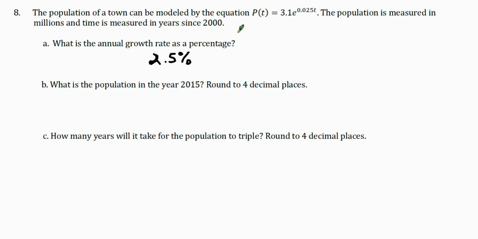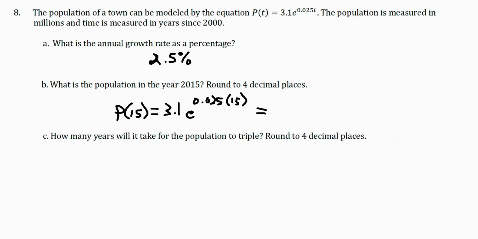What is the population in the year 2015? Well, I just need to take this function, and since this models years since 2000, I'm going to plug in 15 for t. So I'm evaluating p of 15, so 3.1 times e to the 0.025 times 15 power.